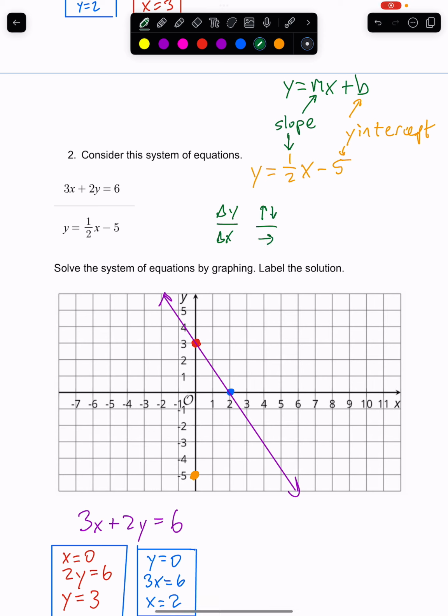Remember, we always read our graph left to right. I know my little triangles are a little bit ugly, but those are supposed to be deltas, which means change in math and science. You could also call it rise over run. You just got to remember that it's not always rising. If it's got a negative slope, it's got a negative rise, but it always runs to the right.